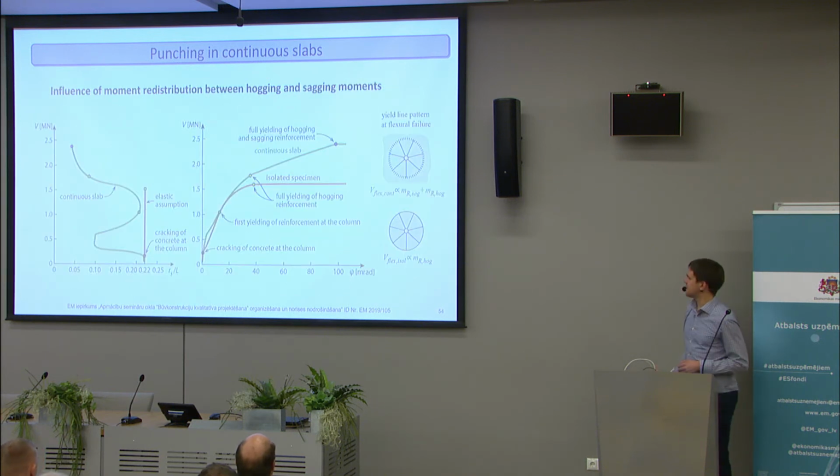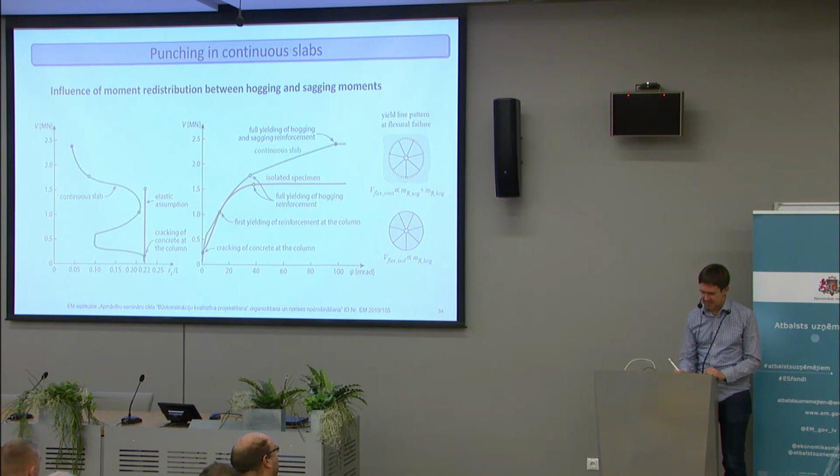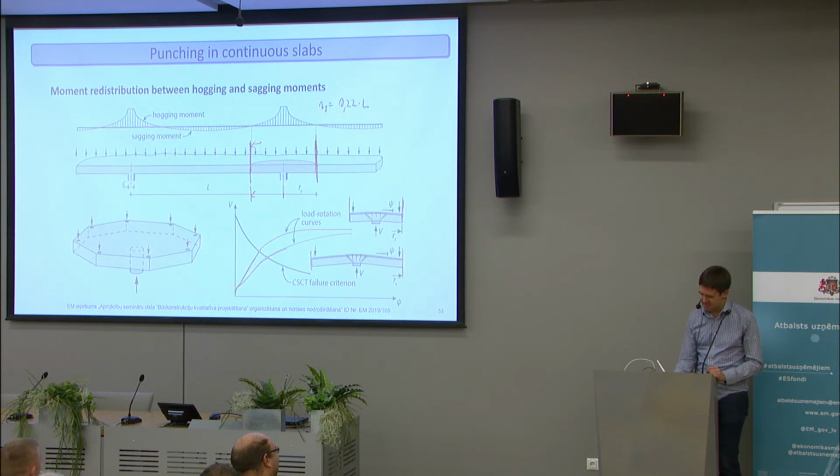Now we can do nonlinear analysis much more easily. So when I do a nonlinear analysis, when I take into account the cracking of the slab, then I find actually that first cracks appear on top of the column, where the moments are the largest, so this is where we reach the cracking moment first.